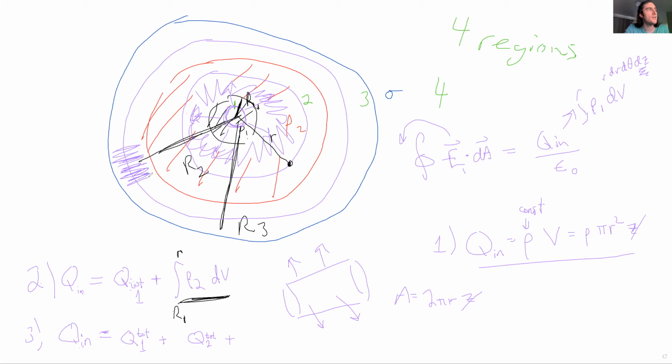But the charge density in this region right here is 0 because we only have a surface charge on the outside of the blue cylinder. And so it'd be plus 0 here.